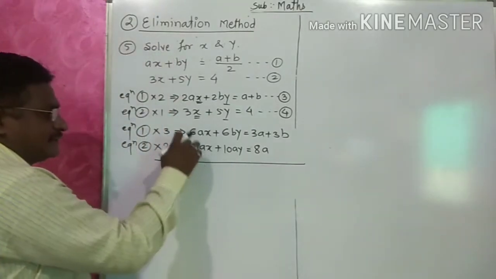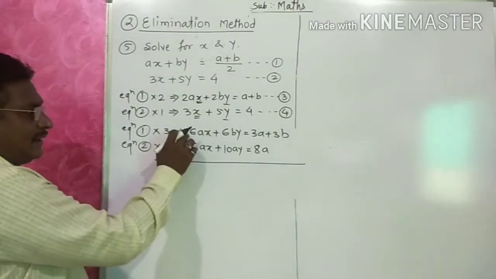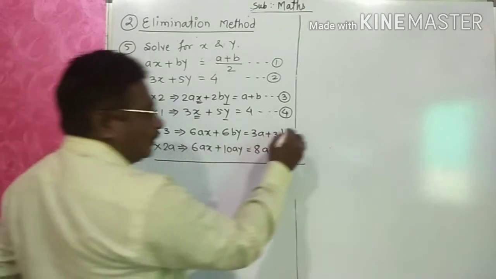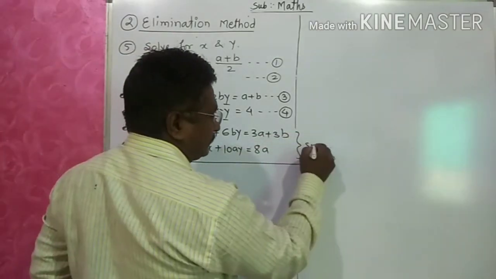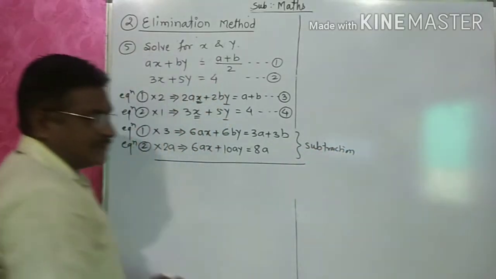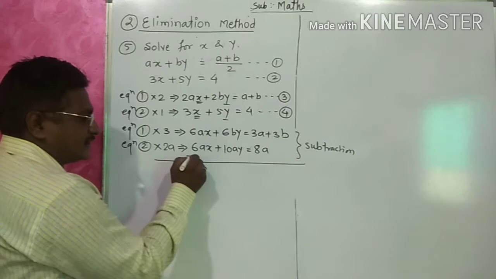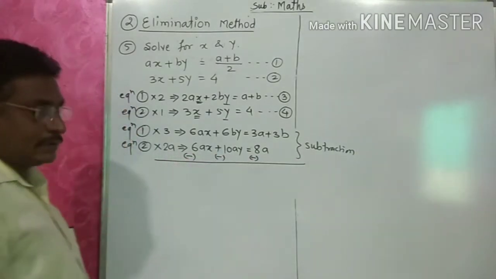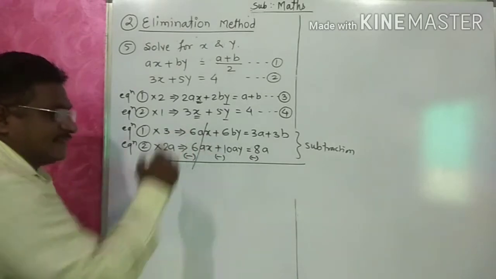Now see, the coefficients are equal and their signs are also equal. Whenever the sign is equal, what has to be done? Subtraction. While subtracting, we have to change the sign of the second equation. Now x is eliminated.